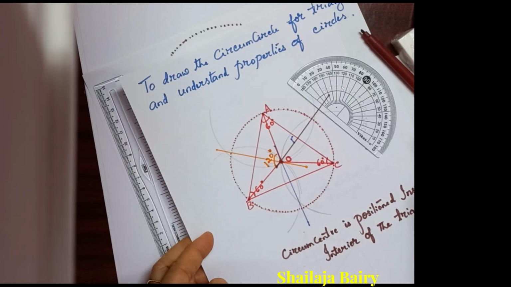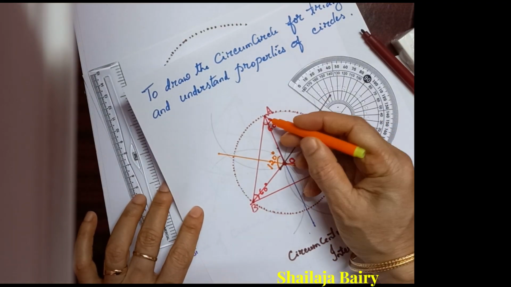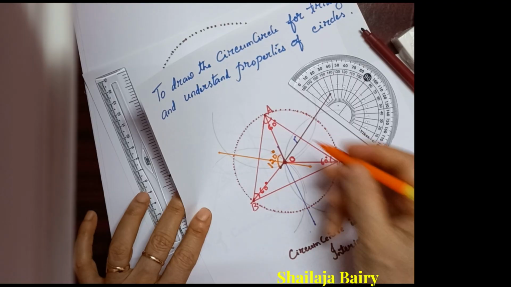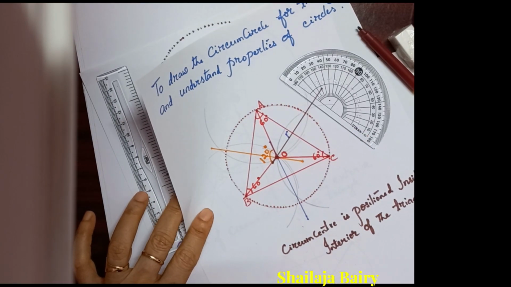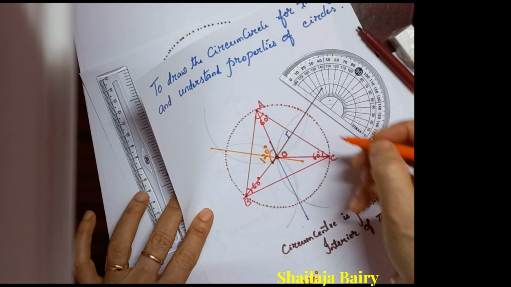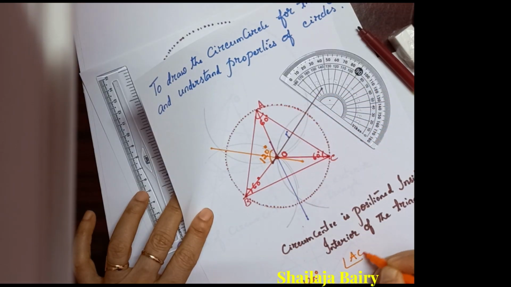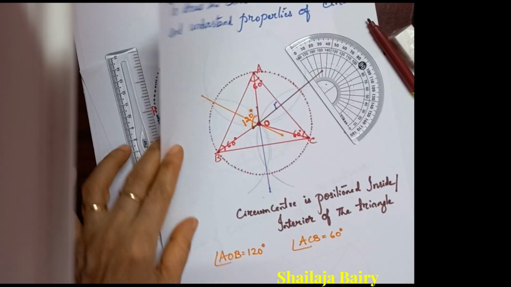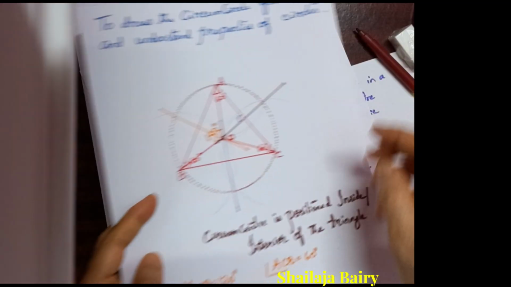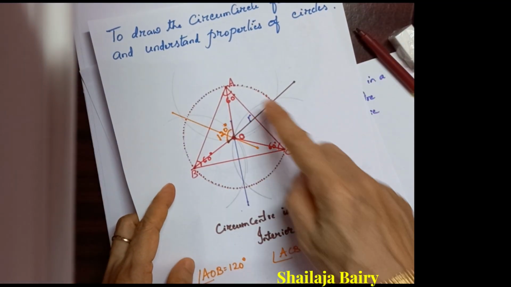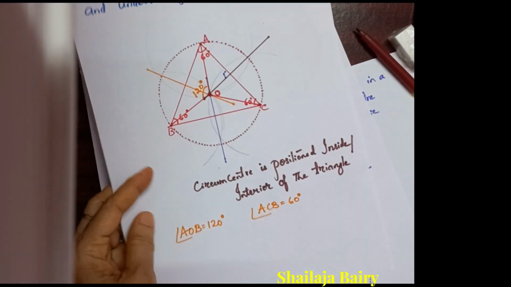So we can observe the central angle theorem. Angle AOB is 120, and ACB is 60. AOB is 120, ACB is 60.